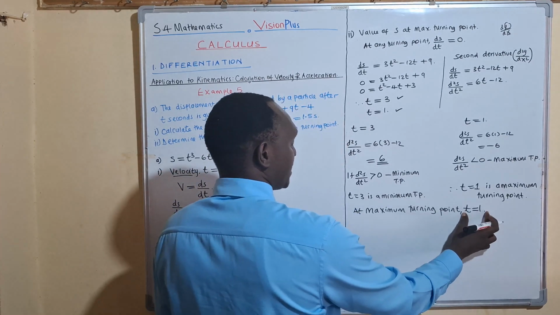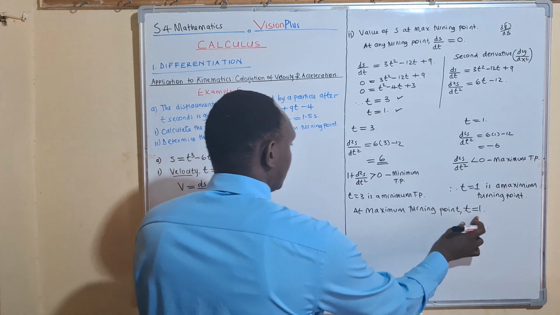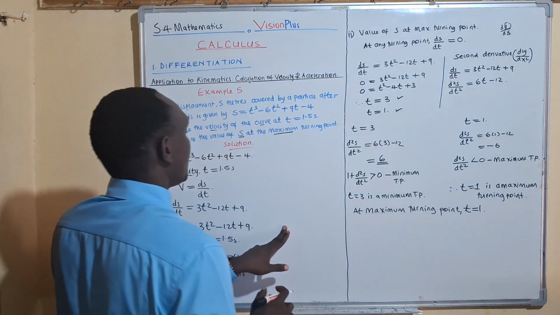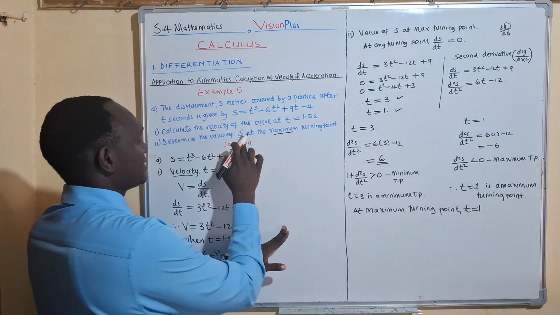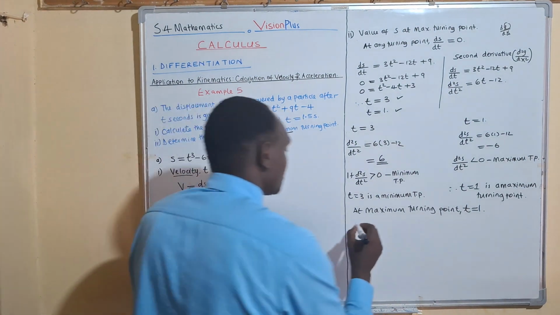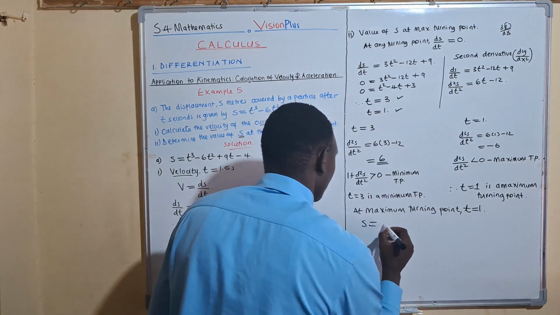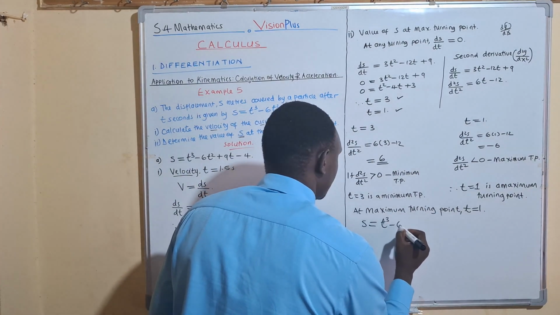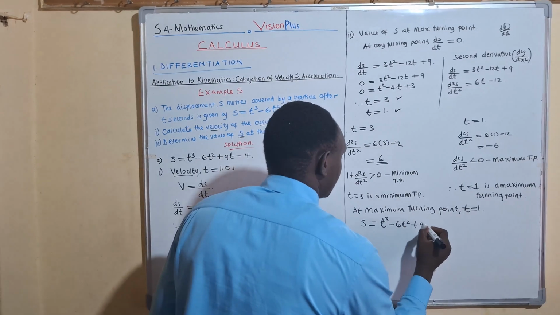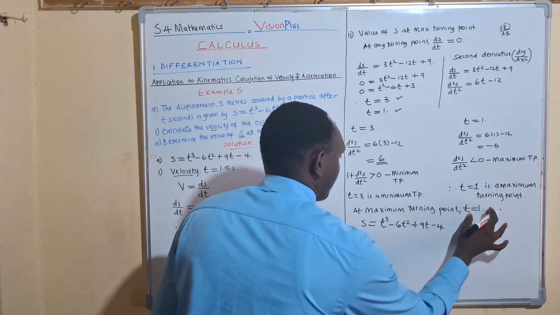Now we're going to use this value of t, which is 1, to find the value of s in this case. We are given the function s equals t cubed minus 6t squared plus 9t minus 4. But our t is 1.